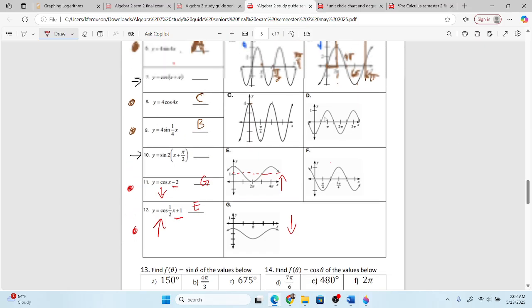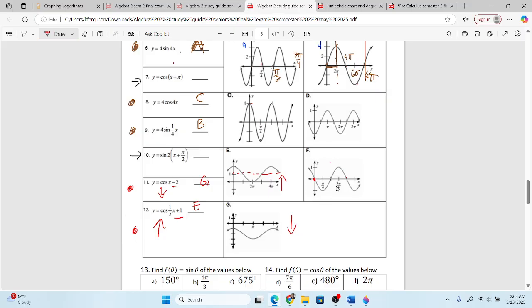So now these two. So I have sine, I have cosine. So let's think about what we have. So this one right here. Okay, so we start at the midline. We go low, come up, and then end right here. Cosine of pi.